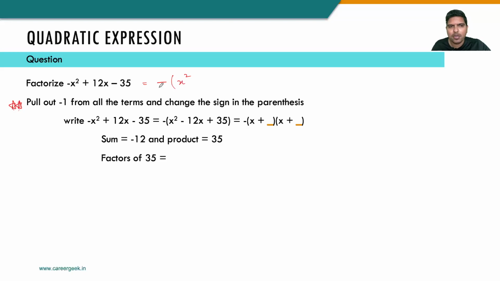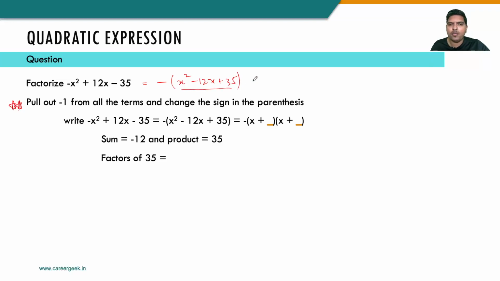If you take out the negative, you need to change the signs of every term. So this expression I can write as negative, entire parenthesis, x square -12x plus 35.